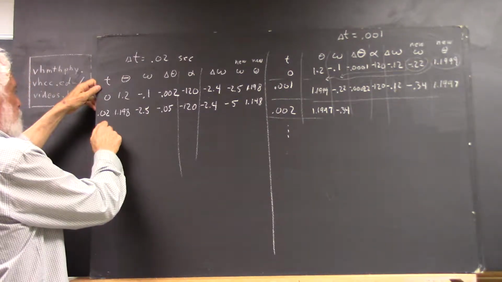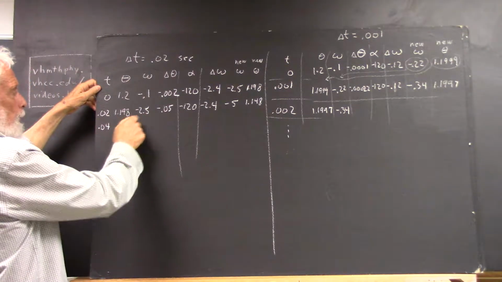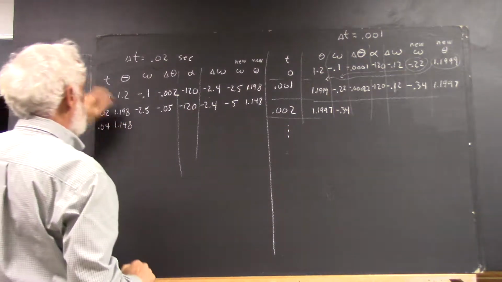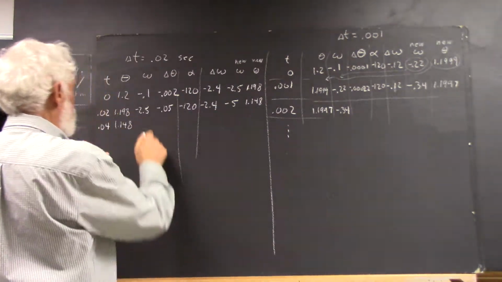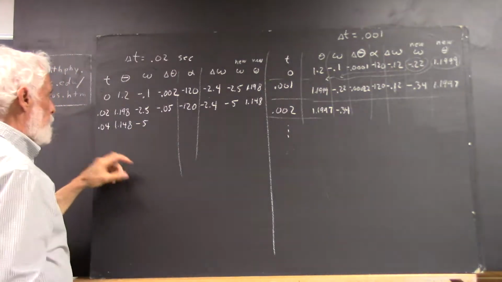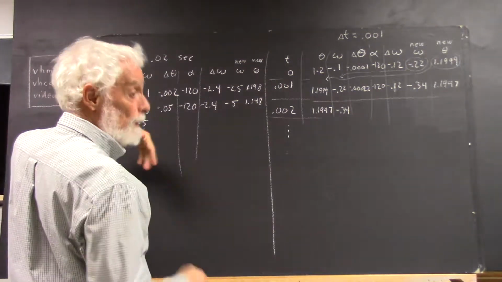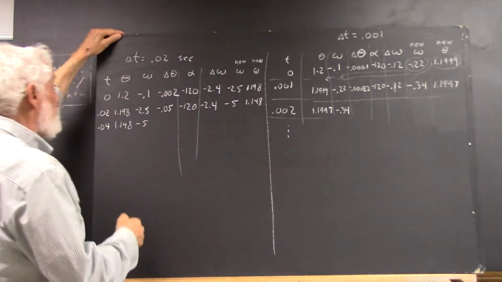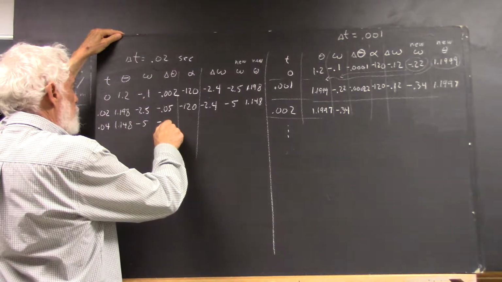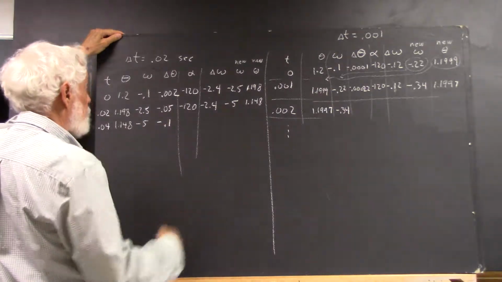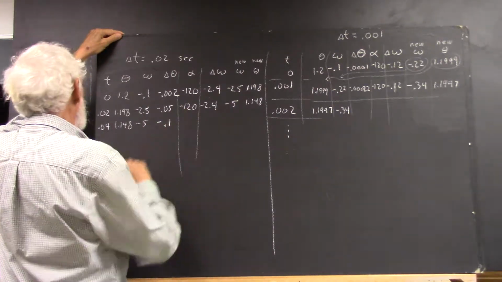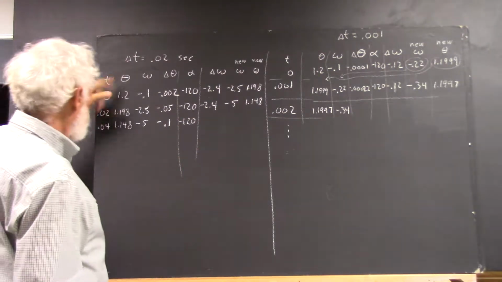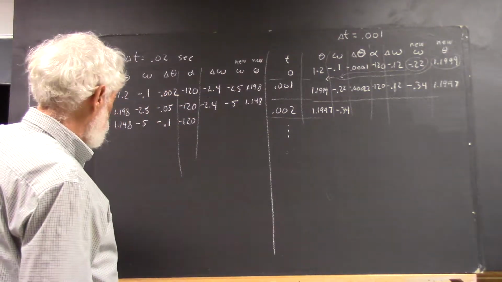Now that's a more significant change than what we've seen before. Okay, so now t is 0.04. Theta is 1.148. Omega is -5. Multiplying omega, our rate of change of theta with respect to t, by delta t, we get our delta theta. -5 times 0.02 is -0.1, so theta is changing some. Alpha is still pretty much just -120. You can use a calculator and see exactly what these numbers would be.